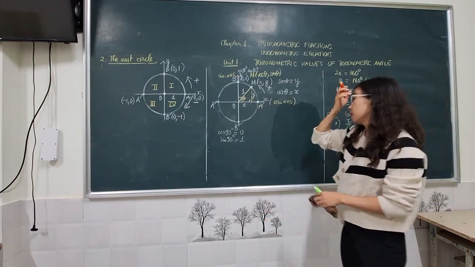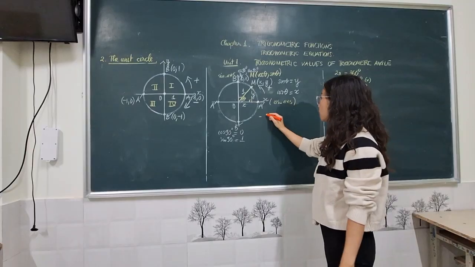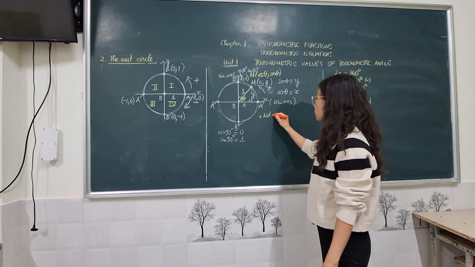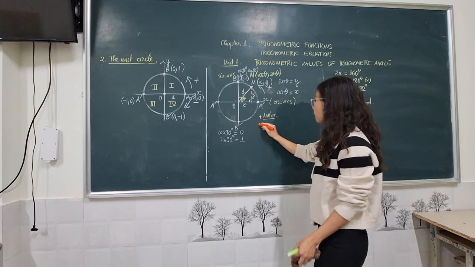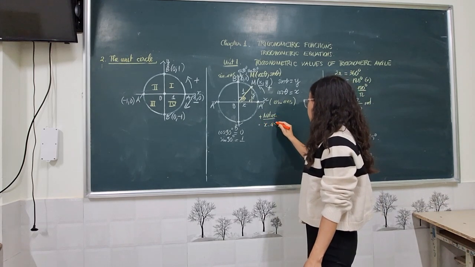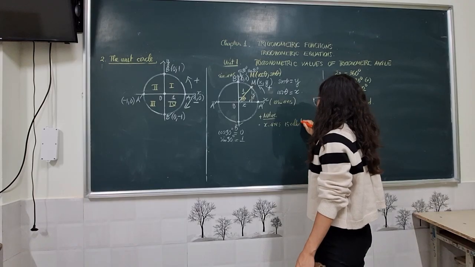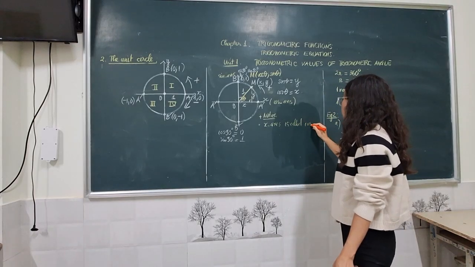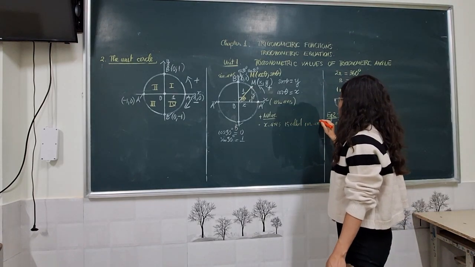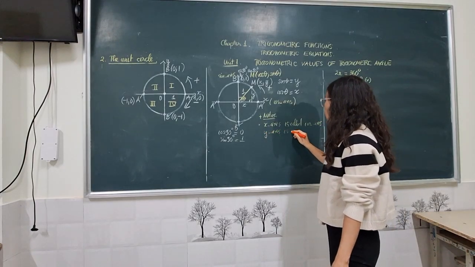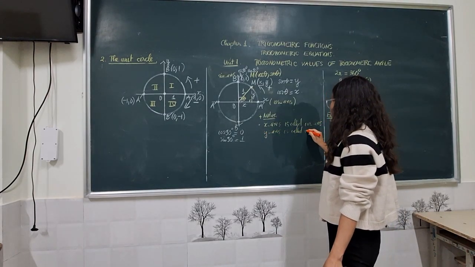Now note, the x-axis is called the cosine axis, then the y-axis is called the sine axis.